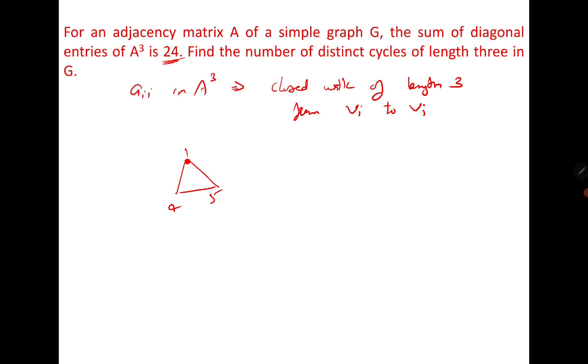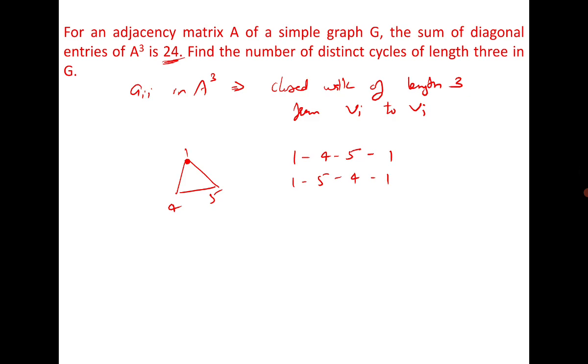Out of these 24, we need to pick the distinct ones. Now, if there is a walk like this, the closed walk can be written as 1451, but at the same time it can be written as 1541. Yes, both are closed walks, starting at 1, ending at 1.